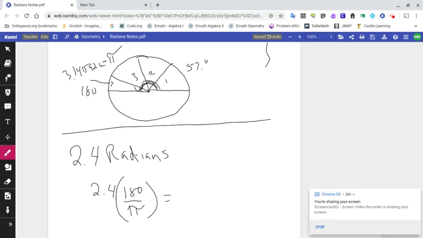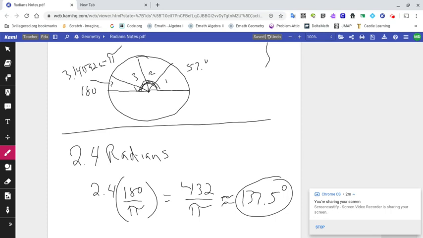If I multiply out first, 2.4 times 180, I get 432. And then I have to divide that by pi. When I do that, I get 137.5 degrees. Again, this is approximate because I'm rounding.